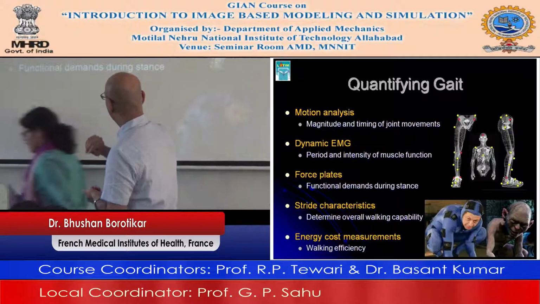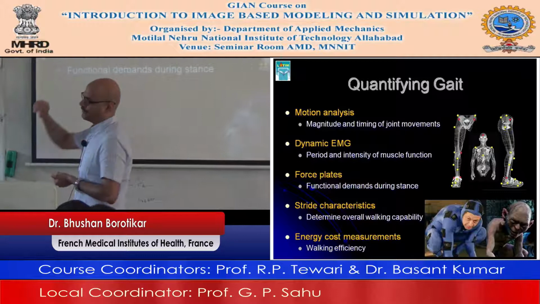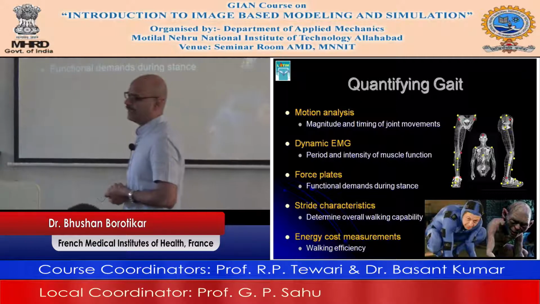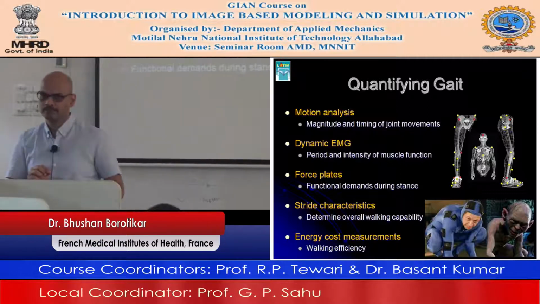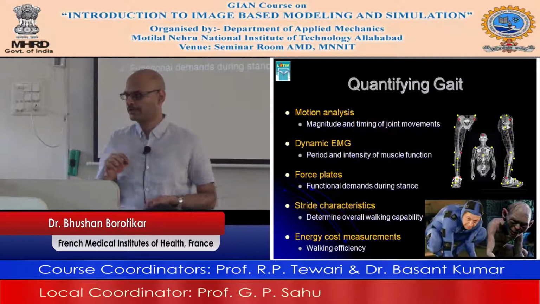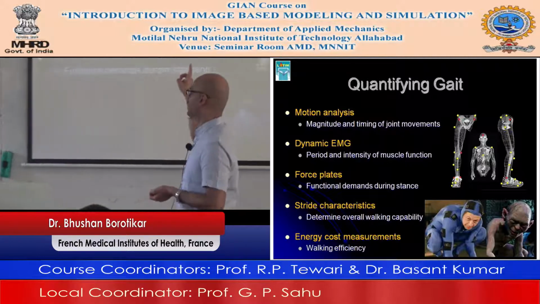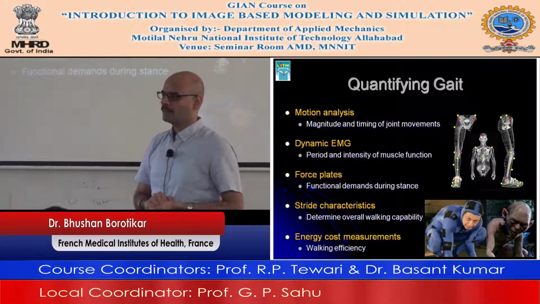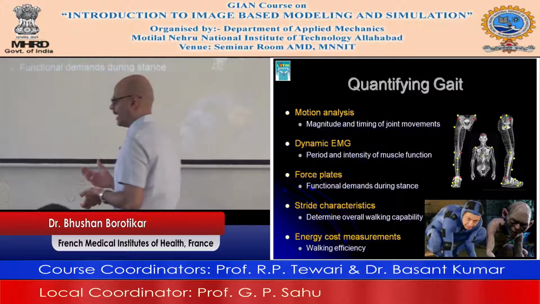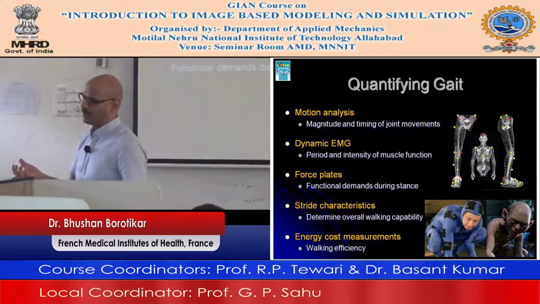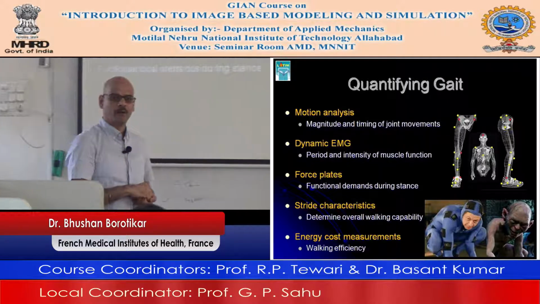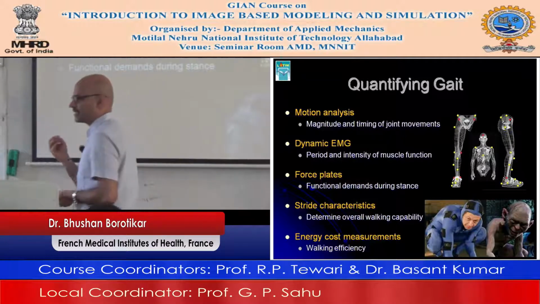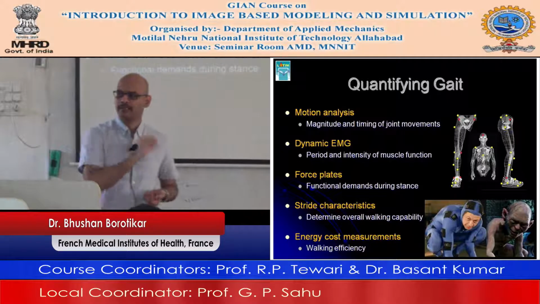At the same time, we have electromyographs, mostly surface electromyographs, and we have force plates in synchronization with walking and with what we record on these markers. When we do that, we have complete information about the muscle activations, the vertical ground reaction forces, and the marker trajectories for a single gait cycle.